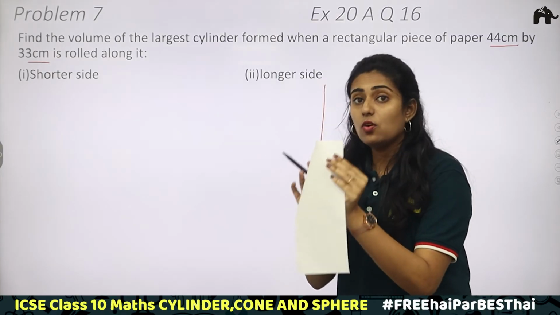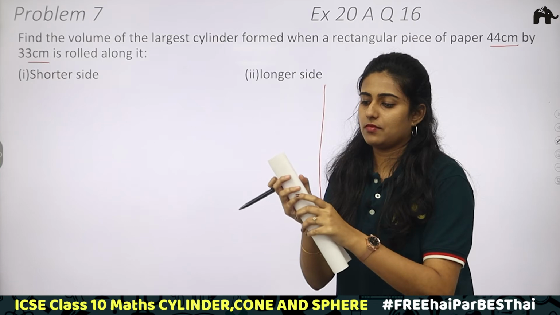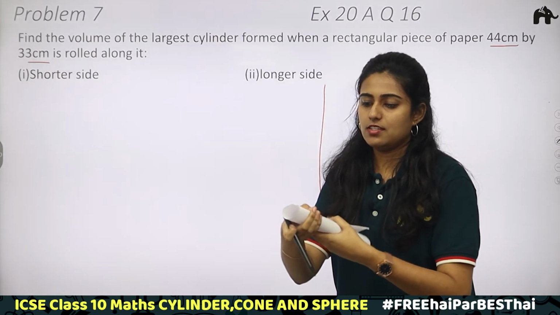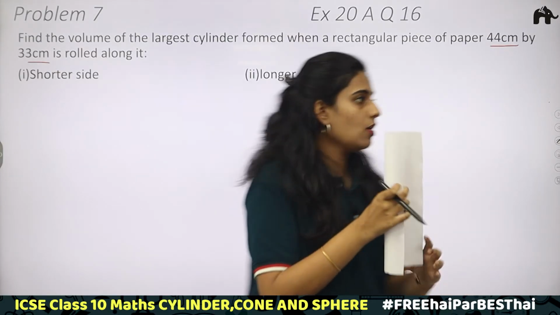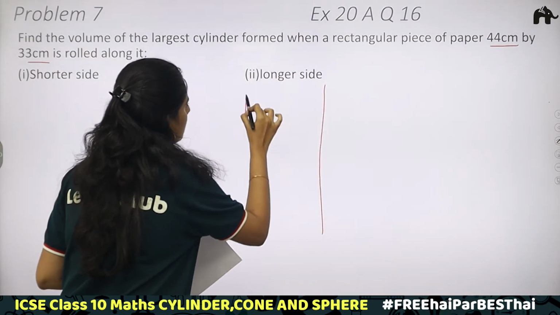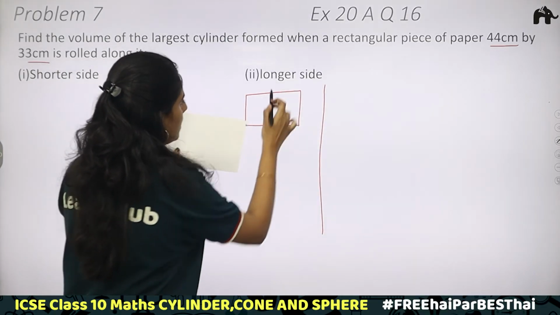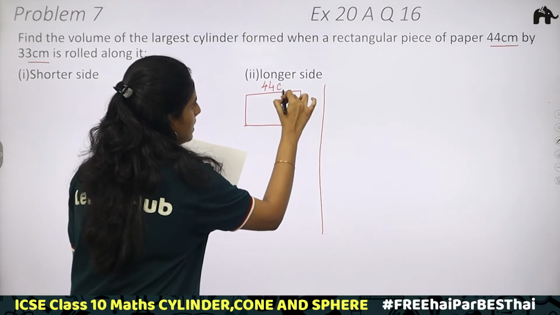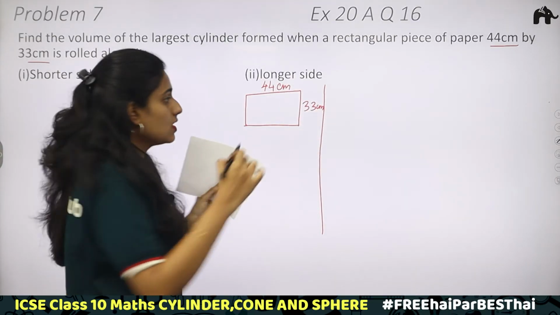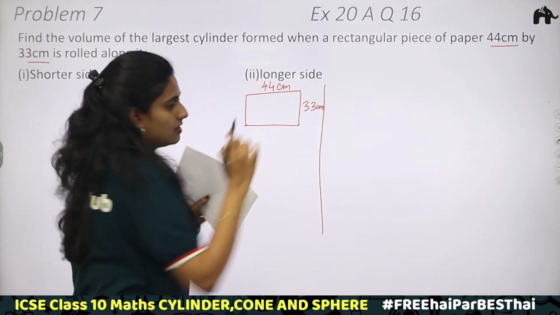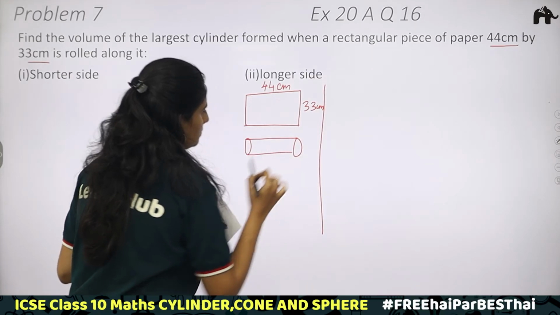Okay. So, we are rolling along the shorter side, which means this way. This is how you will be rolling. So, this is the required cylinder. Now, we have the rectangular sheet of paper, longer side 44 cm and the shorter one 33 cm. So, rolling along the shorter side, we will be getting a cylinder like this.